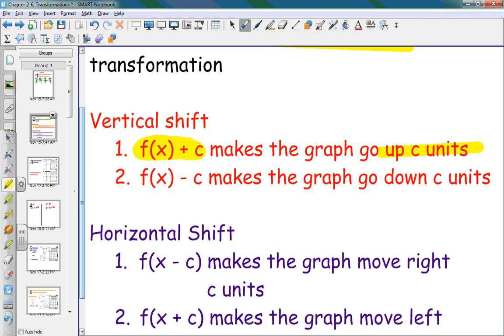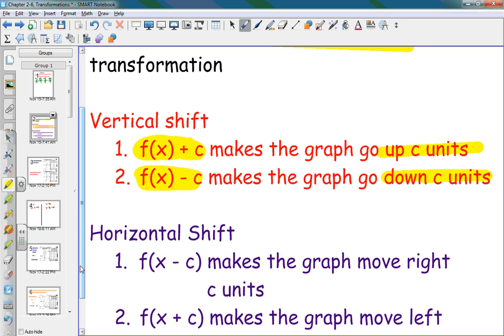If I have f of x minus c, then I'm moving it down c units. So we have 2 types of translations, vertical and horizontal.